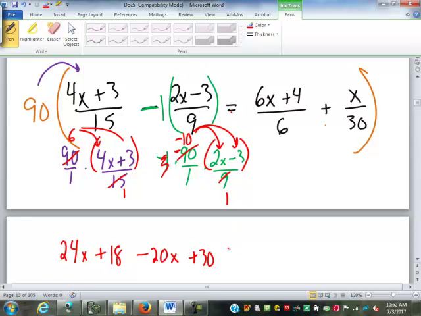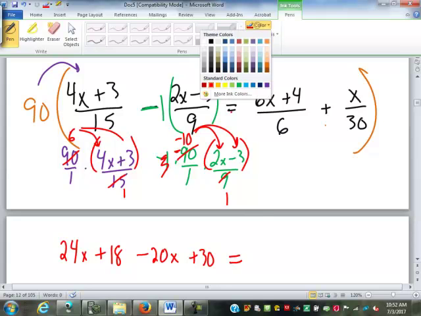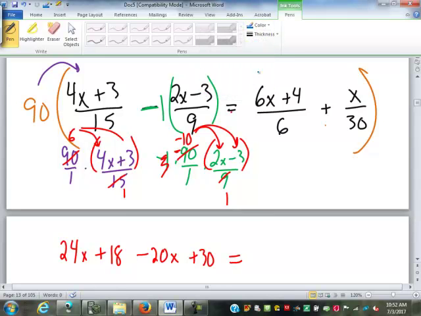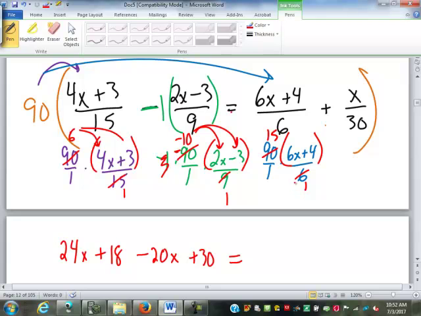Now I'm at my equal sign, so equals. On the other side, I've got my 90. I get 90 over 1 times 6x plus 4 over 6. 90 and 6 both divide by 6 to give us 1 and 15. 15 times 6x is 90x. 15 times 4 is 60.